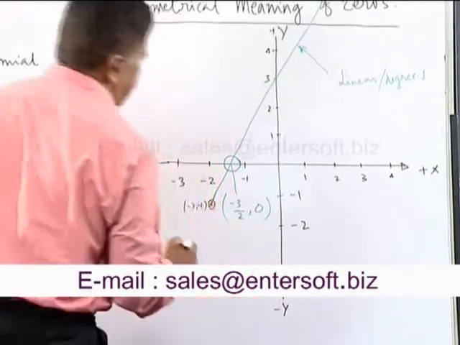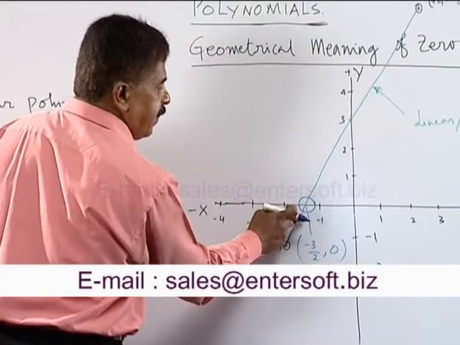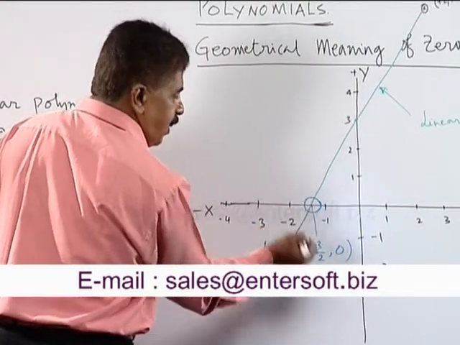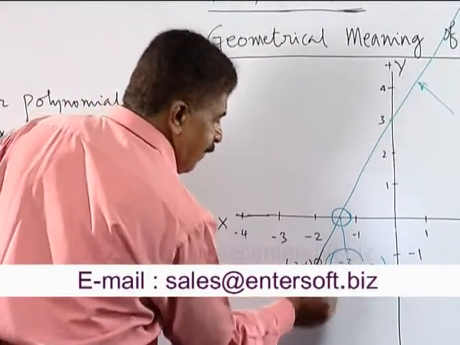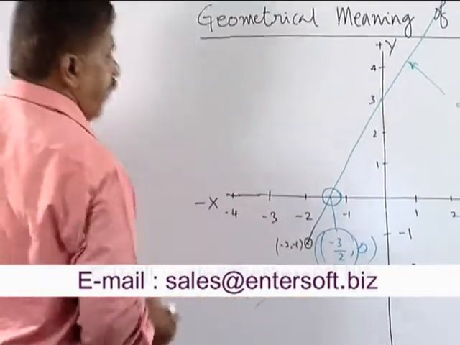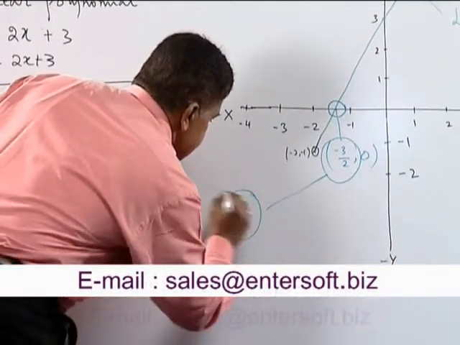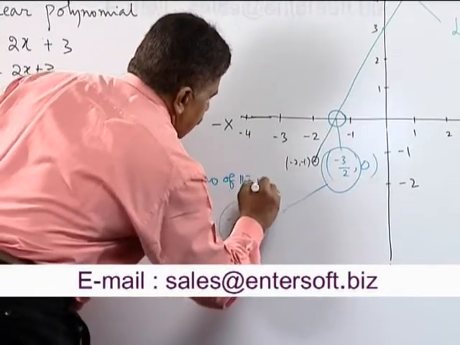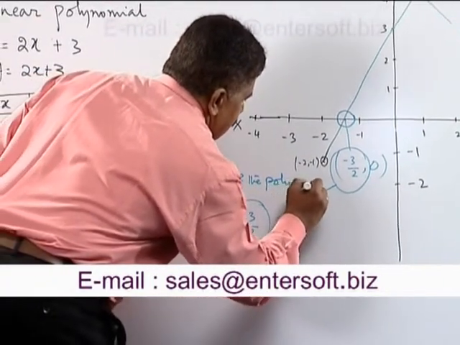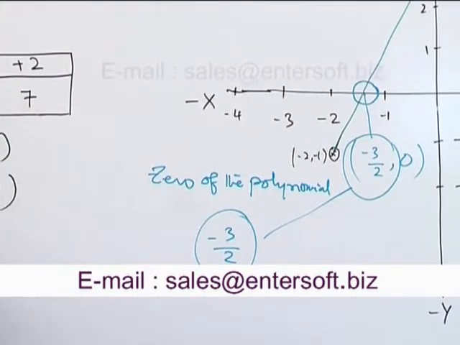What is this minus 3 by 2 and 0? In the x direction it is minus 3 by 2, in the y direction it is 0. Generally, because it is a polynomial single value, it will always be on the x axis, therefore you get only one value. So minus 3 by 2 is the 0 of this polynomial. Now let us find out whether it is true or not.